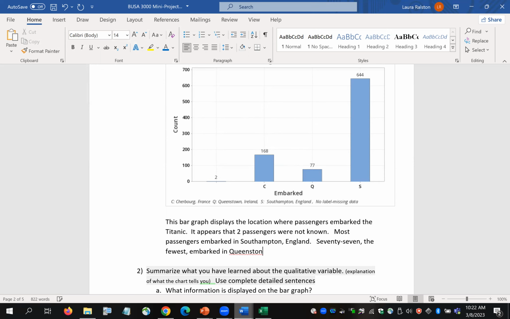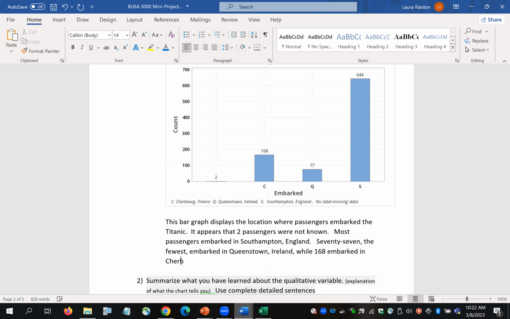And then you could say, while 168 embarked in Cherbourg, France.